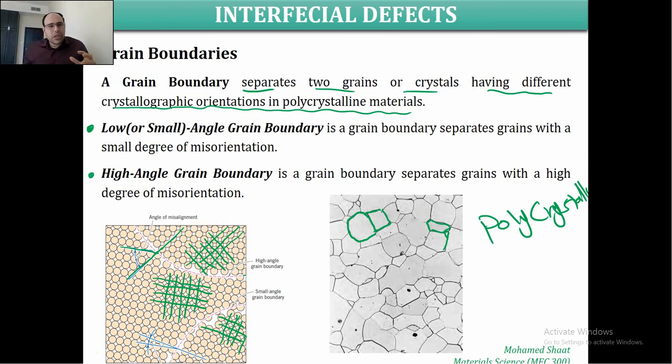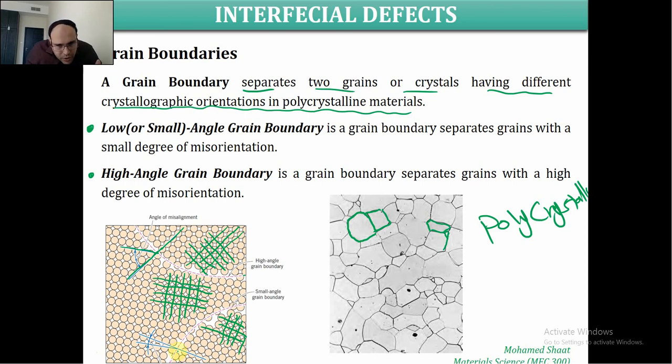So this boundary will be counted, whatever it is, low angle grain boundary or high angle grain boundary, based on this angle. So for example, this angle is given by a certain value if you're gonna compare the misorientation between this grain and the same grain over this boundary.